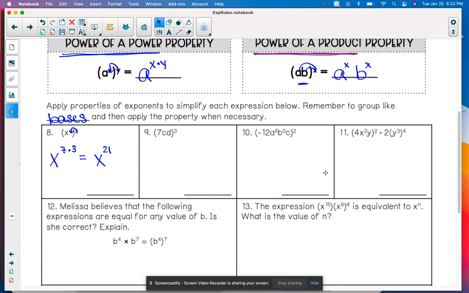Then the next one, this is going to be power of a product property. So I'll do it in purple. We're going to distribute the 3 to every base. So I have 7 cubed, c cubed, d cubed. And this does ask us to simplify. So all we need to do is figure out what is 7 cubed.